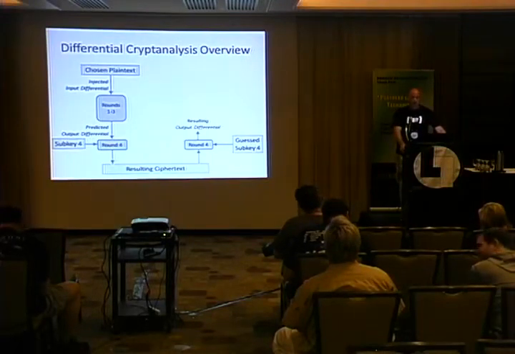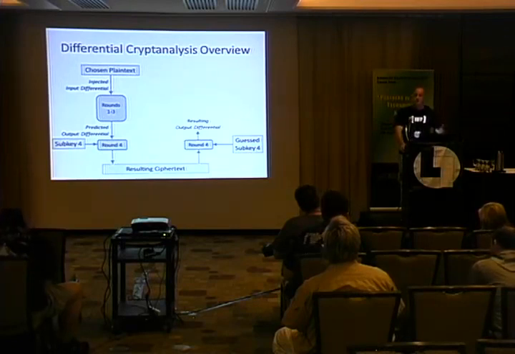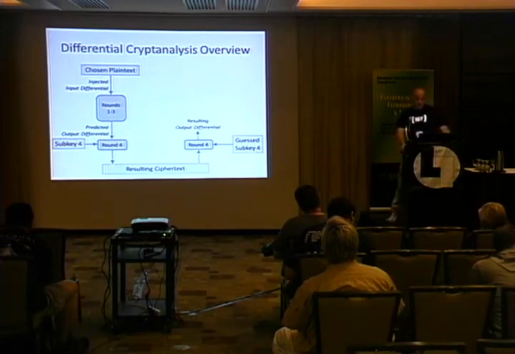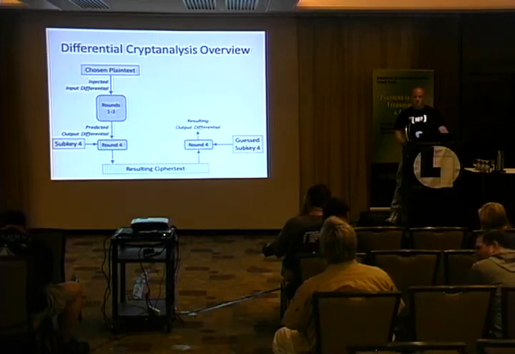This is the overview of how the attack works. Don't worry if you don't understand it right now, but this is to give you context, because we're about to dig way deep into the nuts and bolts and the guts of this stuff. This is just the overview. We're going to choose some plaintext that has a particular trait called a differential. We're going to send it into the box. We're going to get the resulting ciphertext out at the bottom.